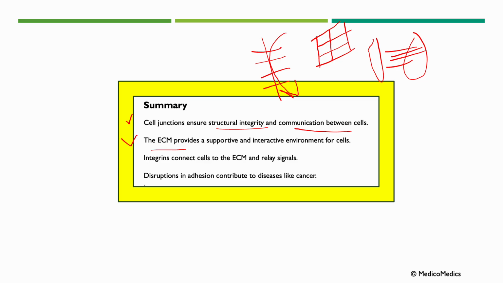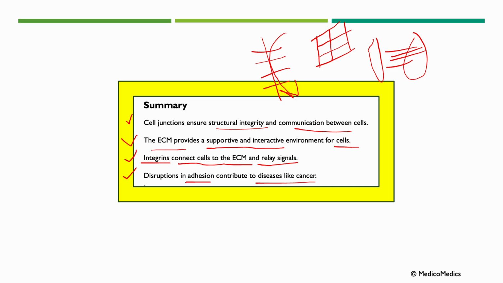Then we have the extracellular matrix, which provides structural support and an interactive environment for these cells. We have integrins, which connect the cell to the extracellular matrix and help in relaying signals. If there are disruptions in adhesion, it will contribute to diseases like, for example, cancer.